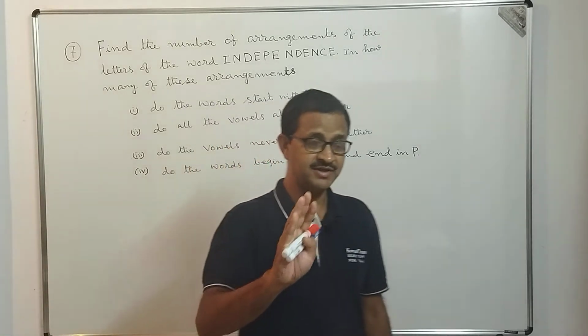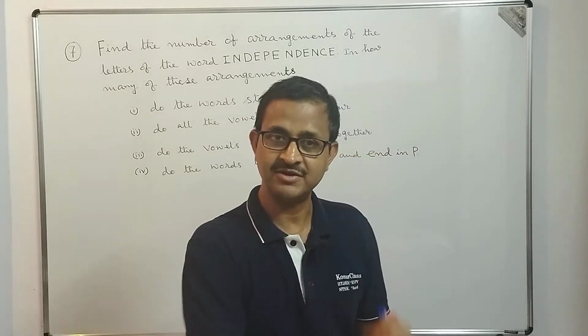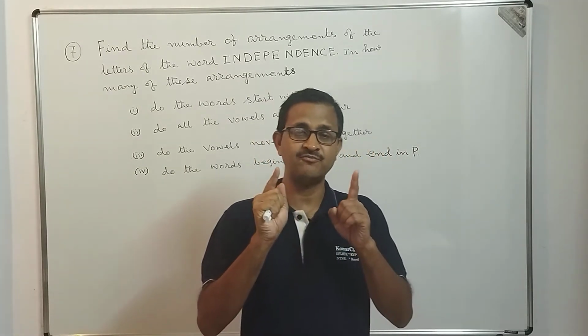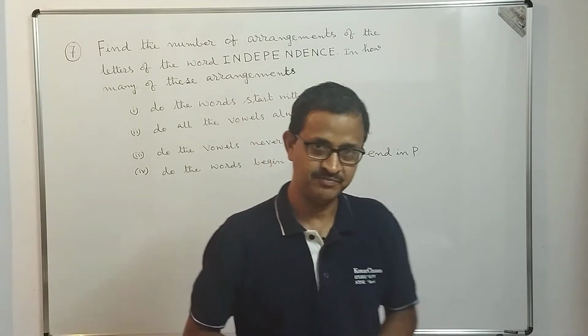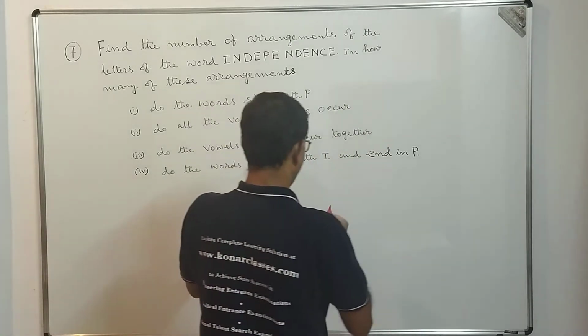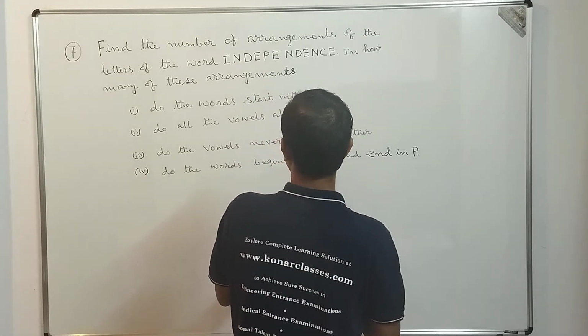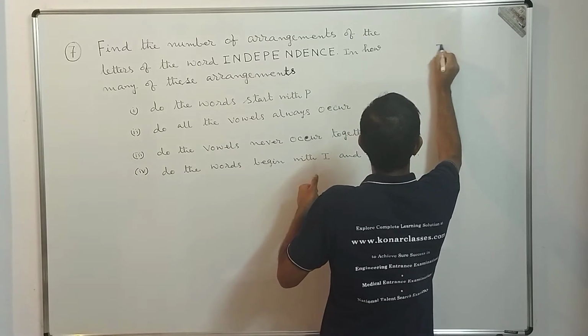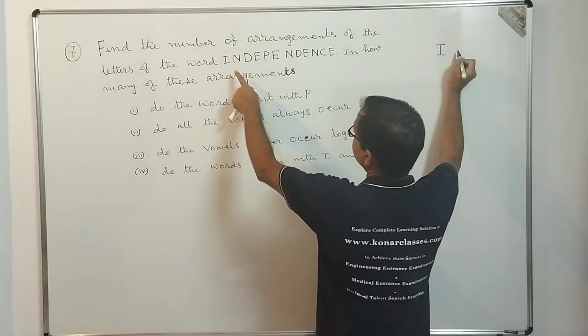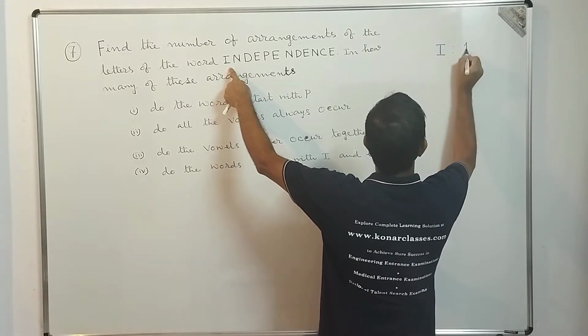So that enables us to think that we need to find the number of arrangements from n objects not all distinct, right? So if we just look into the word independence, we see that I occurred how many times? I occurred only one time.